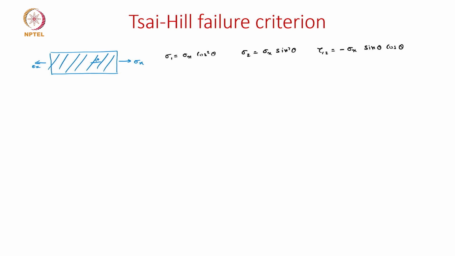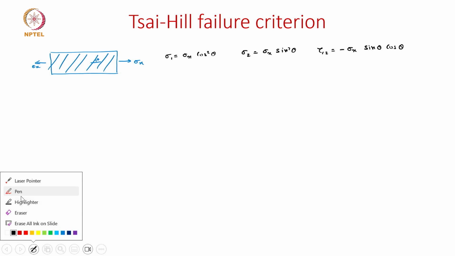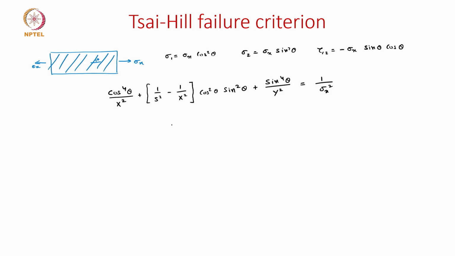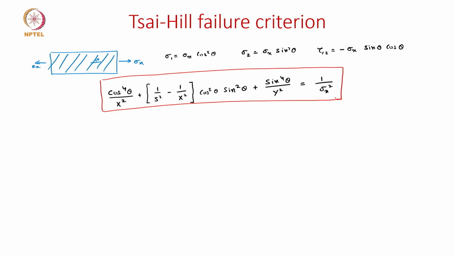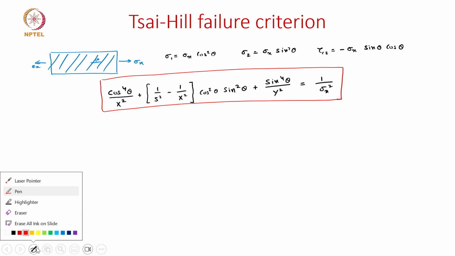If we plug in these expressions in the earlier expression, now we should be able to rewrite it as, so this is the modified expression after we substitute these stresses in terms of the applied load sigma x. Again, we see that here we have an interaction between the three strengths x, y, and s.